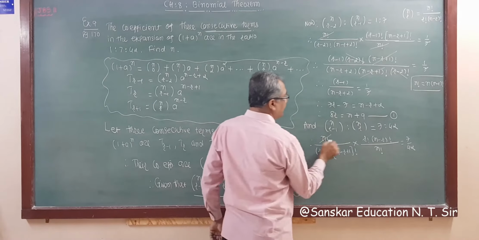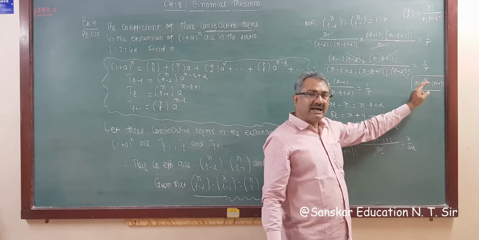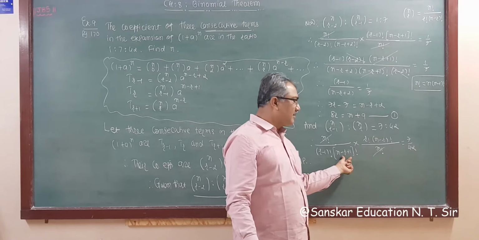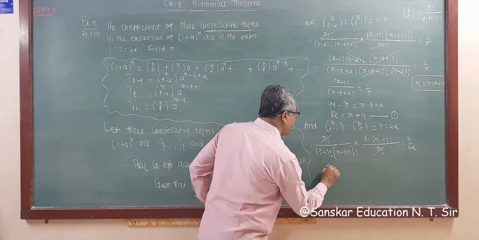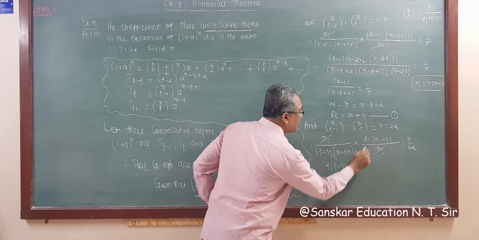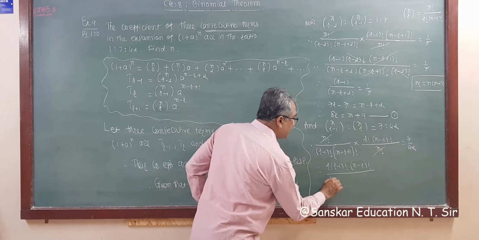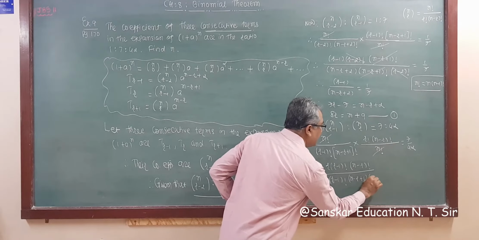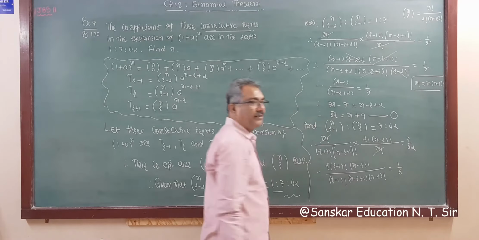So this n factorial will be cut. Now r is the bigger number, so splitting out using this formula, (r minus 1) factorial, this is n minus r and this is n minus r plus 1. So this is the bigger number, so keeping this as it is. So if we split this out, then this is (r minus 1) factorial, this is as it is (n minus r) factorial, upon this is (r minus 1) factorial, and this is (n minus r plus 1) into (n minus r) factorial is equal to 1 upon 6, right?